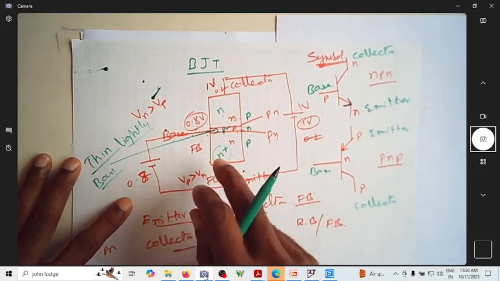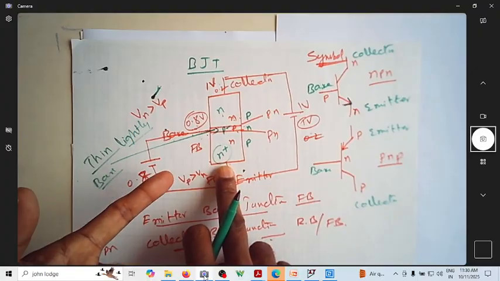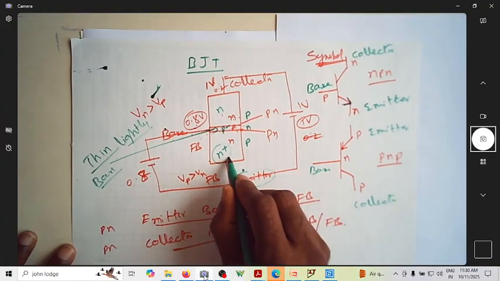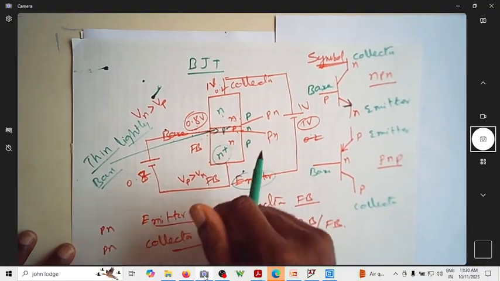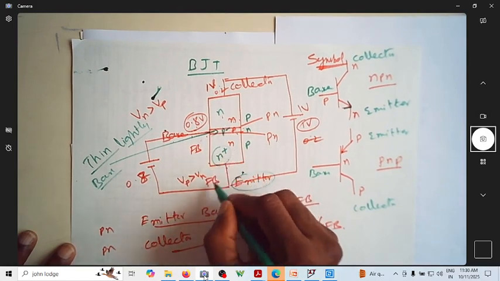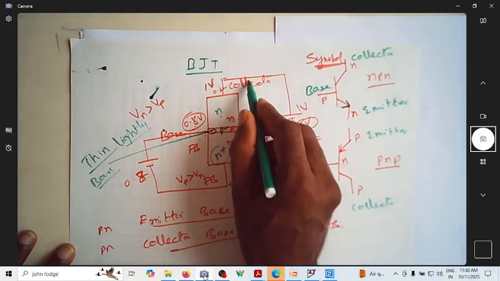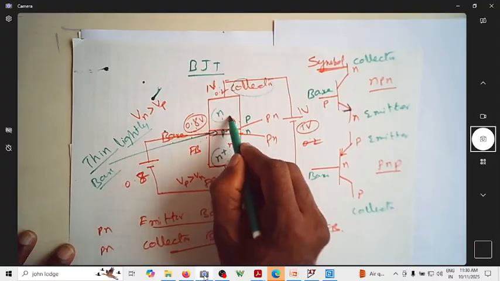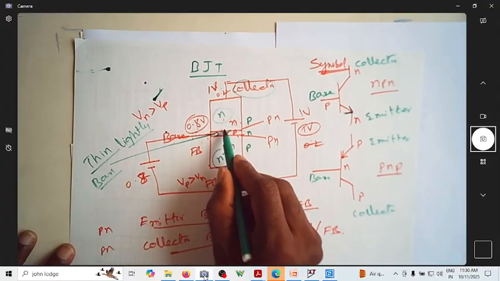What is this N plus? N plus is the heavily doped emitter, because it is called the emitter since it emits carriers. In the case of an NPN transistor, it emits electrons. This is called the collector because it collects the carriers, so it is collecting the electrons.